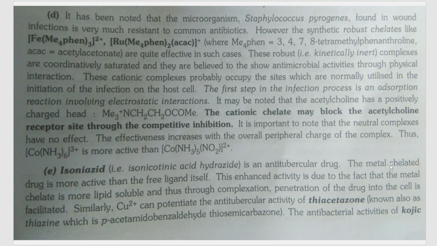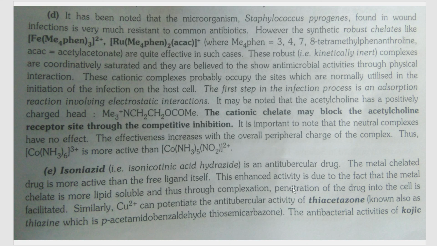So the activity is enhanced. What is the reason, students? We have studied this previously also. Whenever a metal is bound to the chelating complex, that drug is very active. The reason is that it becomes lipid soluble. Therefore, its complexation property increases, and this drug can penetrate through the cell membrane, so its activity is enhanced.